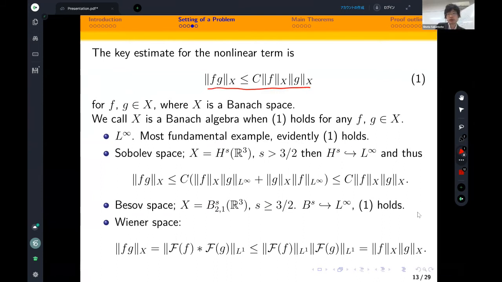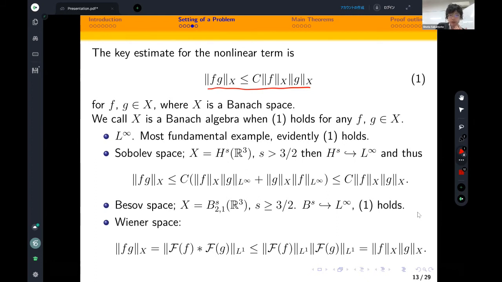The norm of the product fg is bounded by some constant multiplied with the norms of f and g. Here f and g are elements of X, and X is a Banach space.